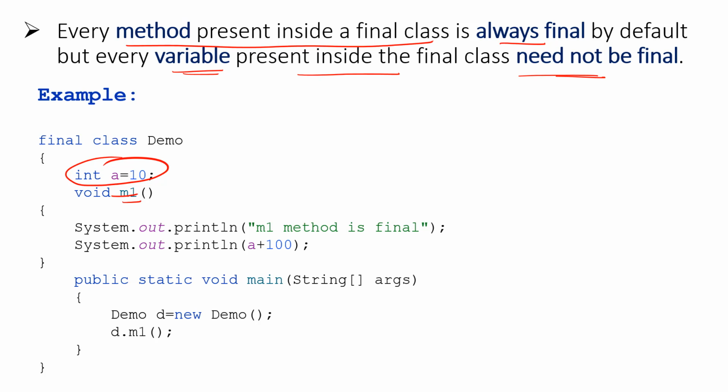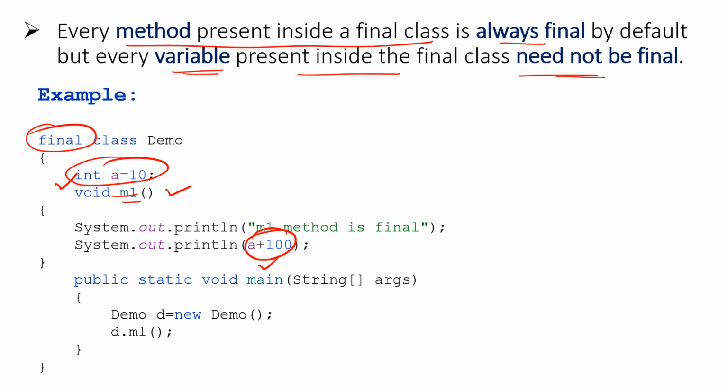Here I have a = 10, and here again I am modifying the existing variable, that is a + 100. Now what will happen? It will print 110. Here you are changing the variable, and it is possible. But you cannot override m1 and you cannot create a child class for this final class.